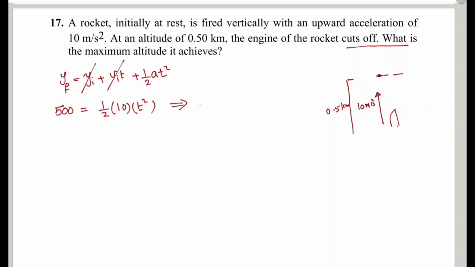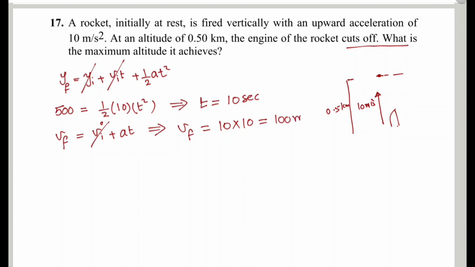So you solve this and you will find t equals 10 seconds. Now v final for the first part equals v initial plus a t. Here v initial is 0, a equals 10 meters per second squared, t equals 10, so v final equals 10 times 10, or 100 meters per second.